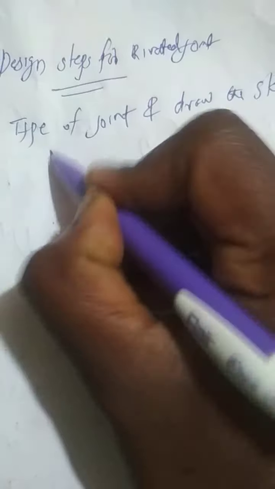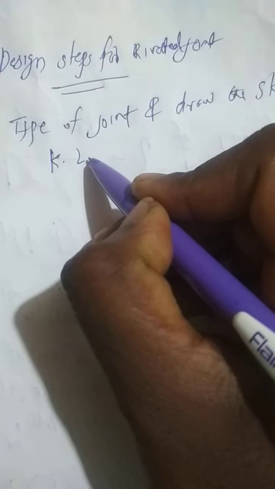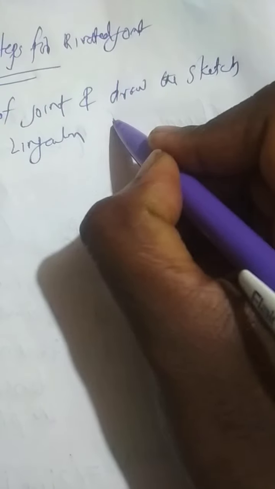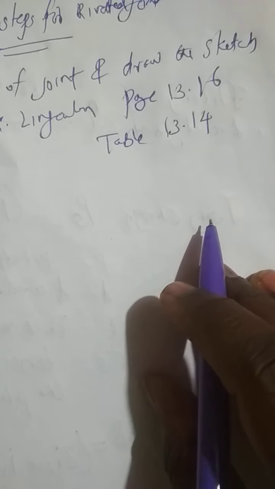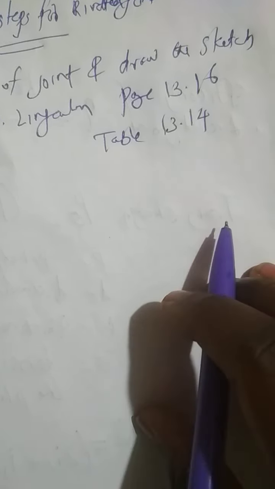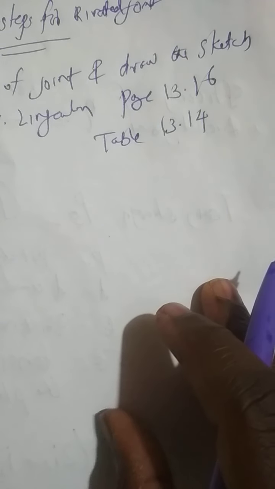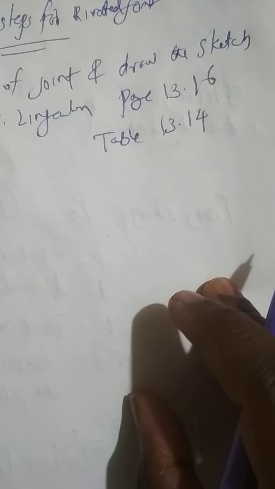In the Design Data Book, page number 13.16, table number 13.14, they have already given the types of joint, type A, B, C, D. Type A, single riveted lap joint. Type B, double riveted lap joint, already given.